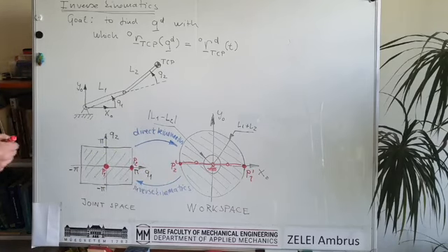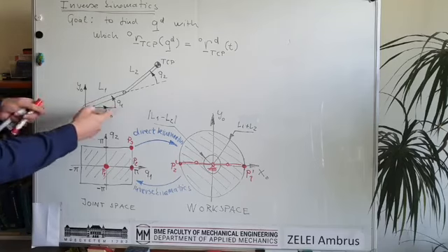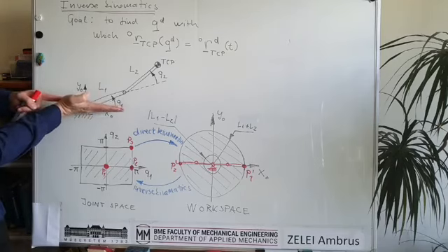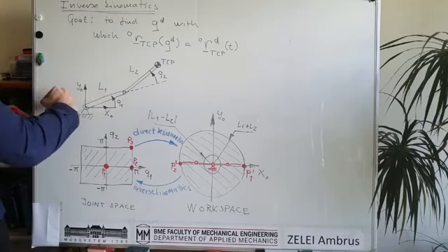We can just, for fun, choose any other points. For example, if both have a pi angle, so Q1 will be like this, and Q2 is also 180 degrees, so the robot looks something like this.